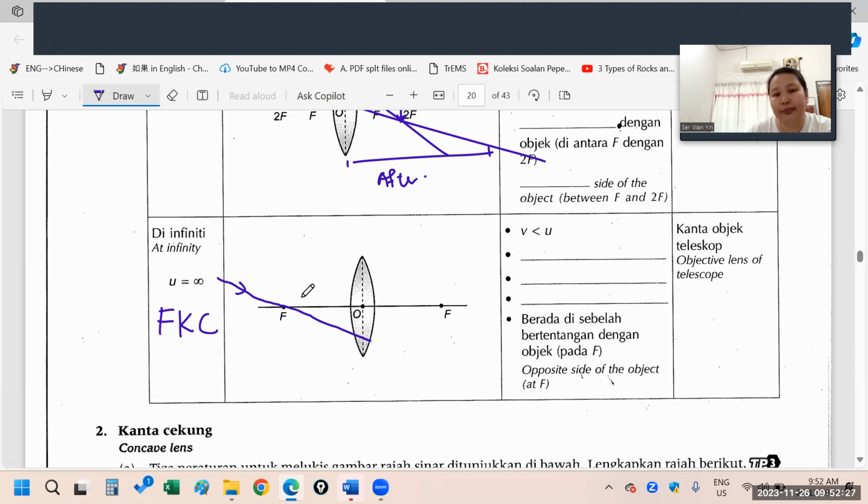When the light passes through F, then it will become parallel, K. Then, same angle, we draw a line that goes through C.